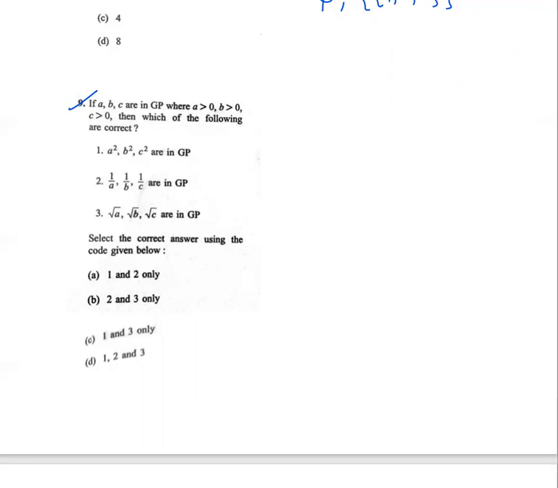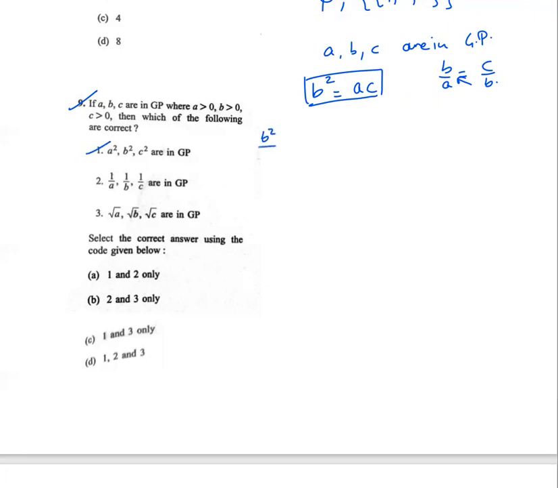So let's see. It is given that A, B, C are in GP. So what do you mean by geometric mean? From here I can say B square will be equal to A into C, because geometric progression means B by A should be equal to C by B. From here, if I cross multiply, I'll get this relation, right? So can I say the same thing for the first one?